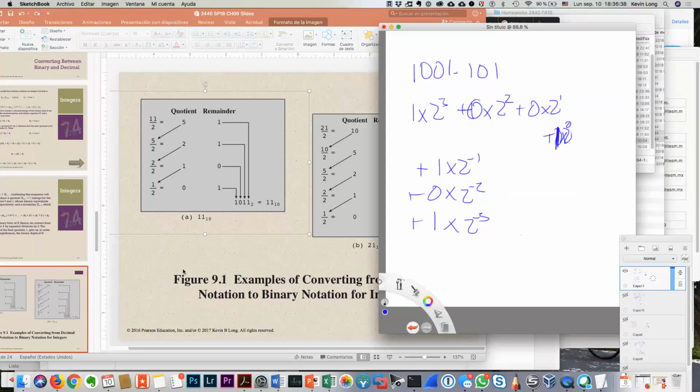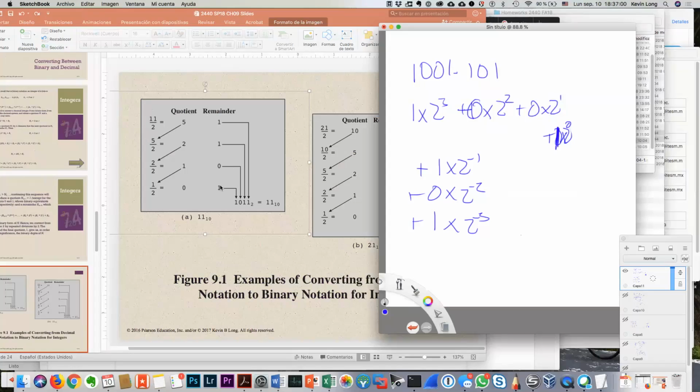If I divide a number by 3, my remainder can be 0, 1, or 2, right? If I divide a number by 5, my remainder can be 0, 1, 2, 3, or 4. But it can't be 6, or 8, or 11, because you would have put more 5s in there. So dividing by the base guarantees that your values are 0 to 1 less than that.